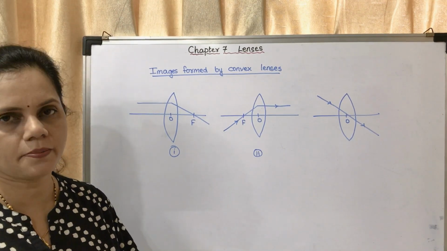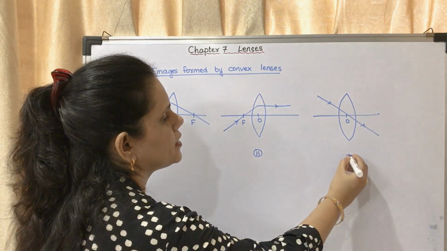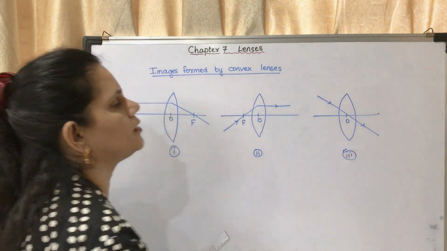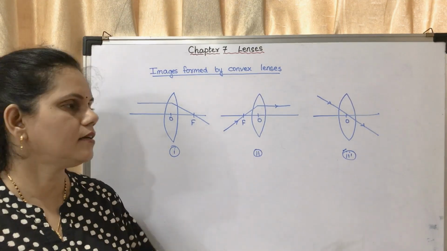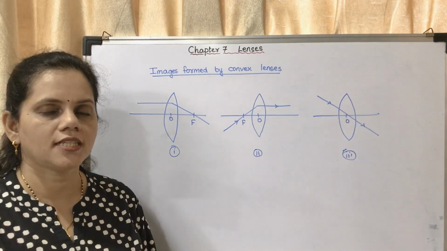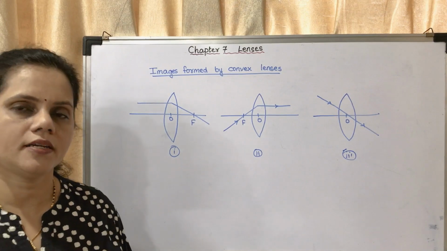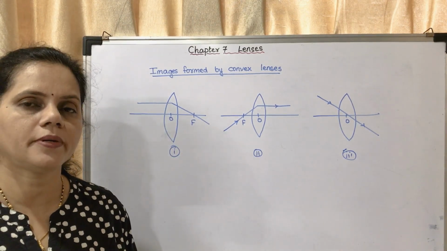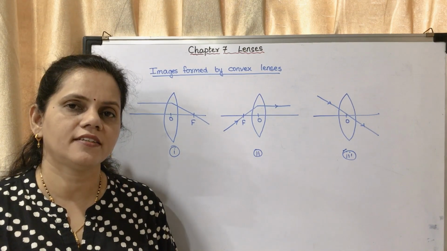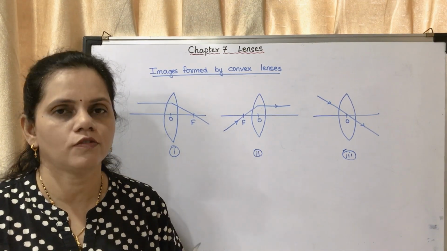The third one is, when the incident ray is passing through the optical center, it will go straight without changing its direction. I repeat, the first one is, when the incident ray is parallel to the principal axis, the refracted ray goes through the focus.